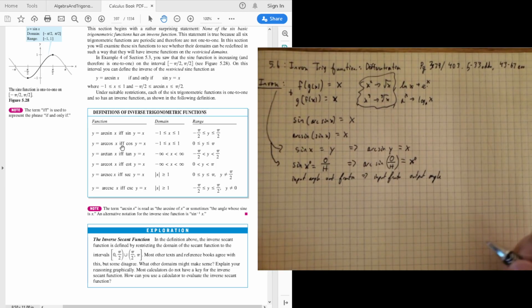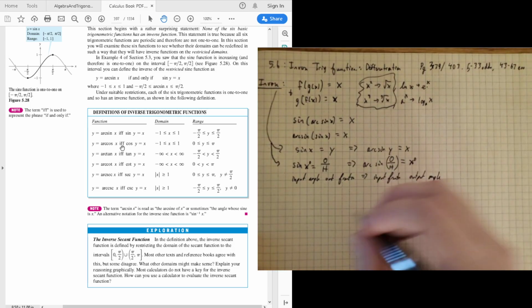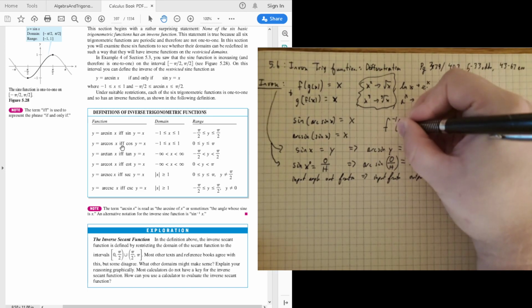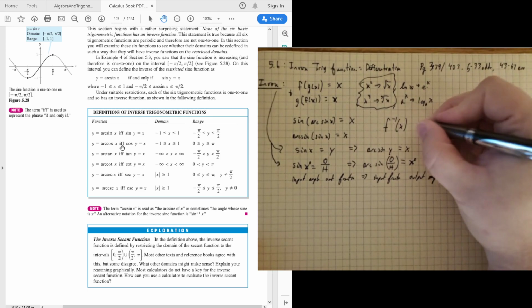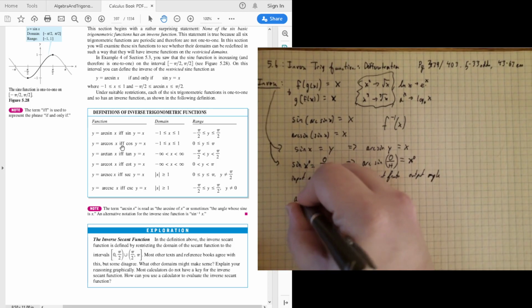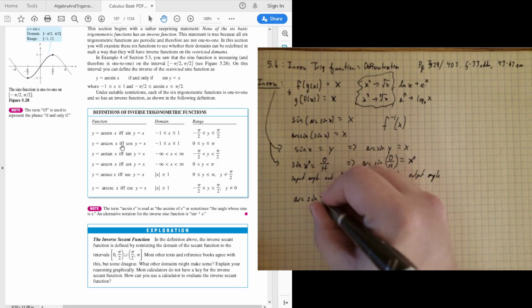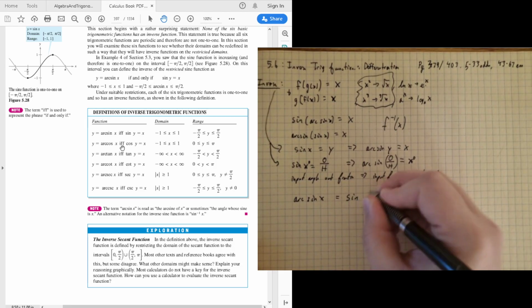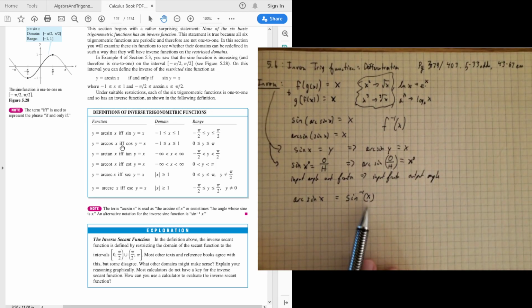Remember when we talked about inverses, one of the other ways to write an inverse is as f negative 1 of x. Now, when we talk about inverses of trig functions, you can talk about arcsine, and this is the more common one, but on some calculators and in some texts, you'll see sine negative 1.